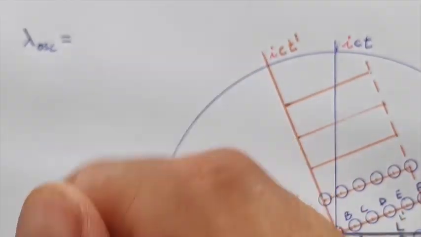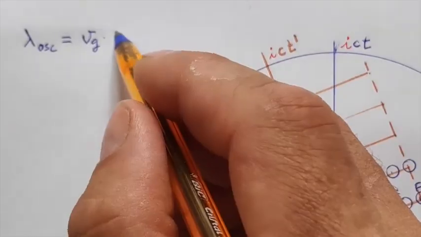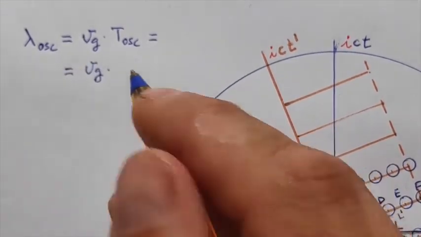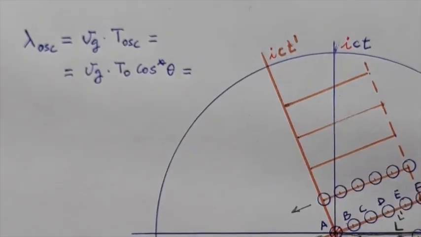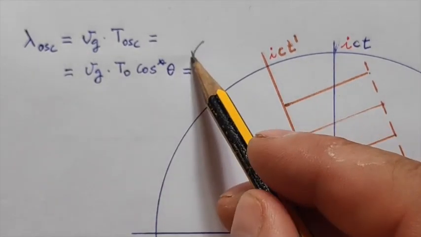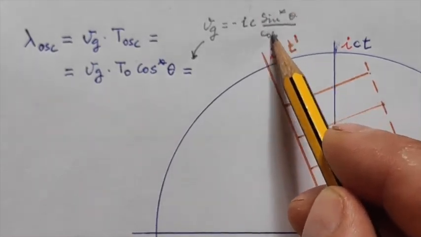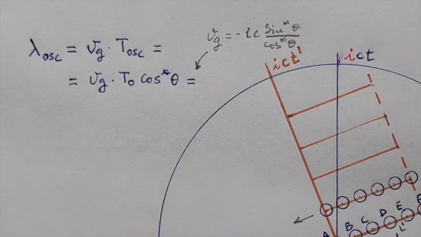Let's do now the same analysis in terms of space. The displacement of an oscillator when seen from S during a period of oscillation is v sub g times T. We now express the observed period according to the time dilation formula, and the velocity v sub g according to its expression that was found in the first video.